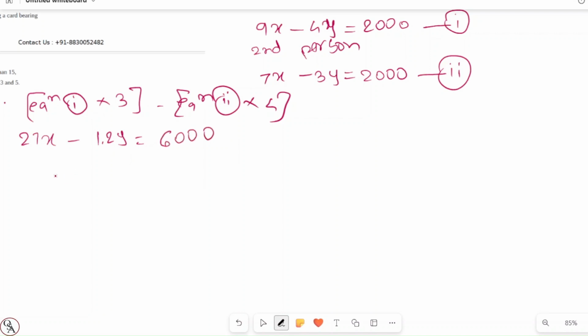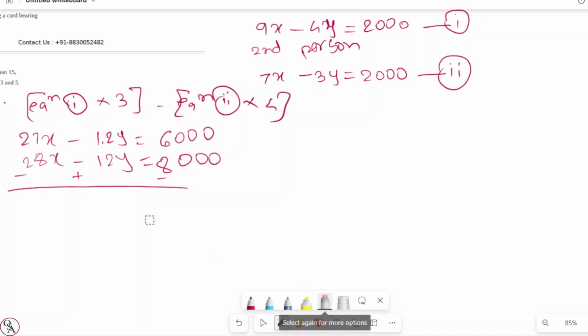For the second equation, 7 4s are 28x minus 4 3s are 12y, 4 2s are 8000. I have to do the subtraction, so the sign will change. If you notice, this is not a decimal point.